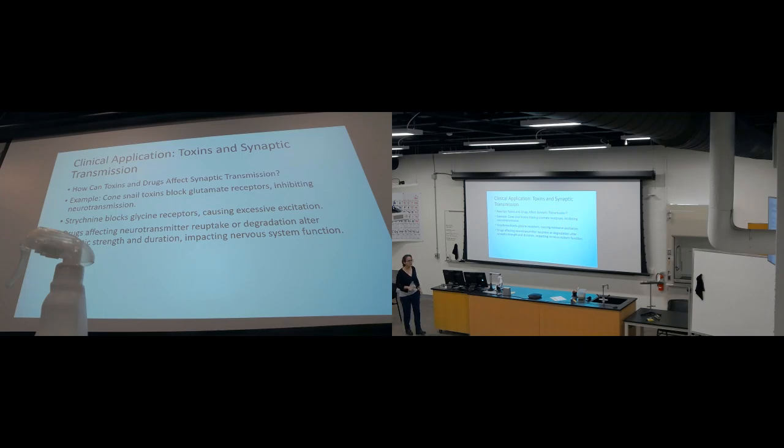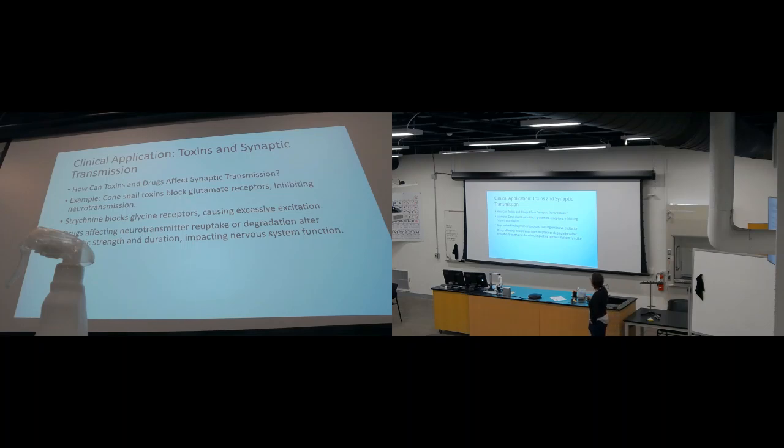So now a clinical application of synaptic transmission and toxins. Certain microorganisms or toxins in the environment can lead to the blocking of release of neurotransmitters, and then you can have a consequence. For example, we have conotoxins that block glutamate receptors, inhibiting the neurotransmission.